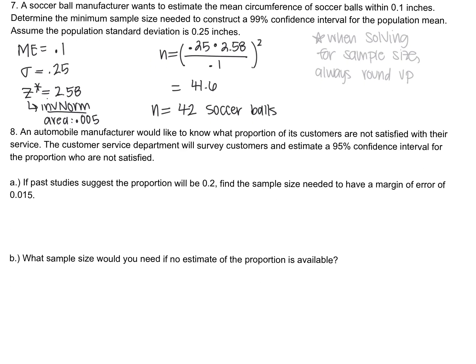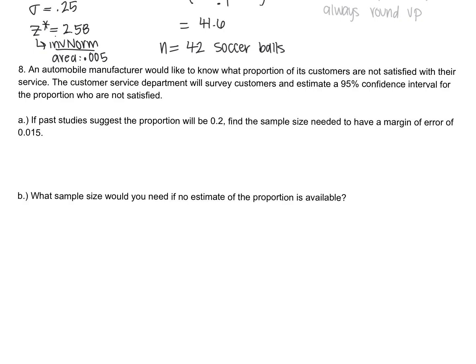Now for proportions, it works a little bit differently. So we have an automobile manufacturer who would like to know what proportion of its customers are not satisfied with their service. The customer service department will survey customers and estimate a 95% confidence interval for the proportion who are not satisfied. If past studies suggest that the proportion will be 0.2, find the sample size needed to have a margin of error of 0.015.